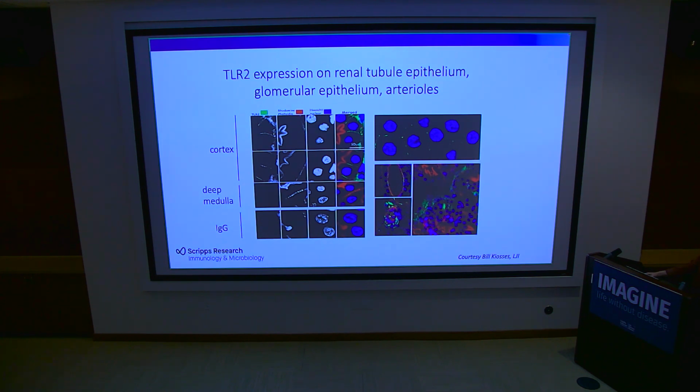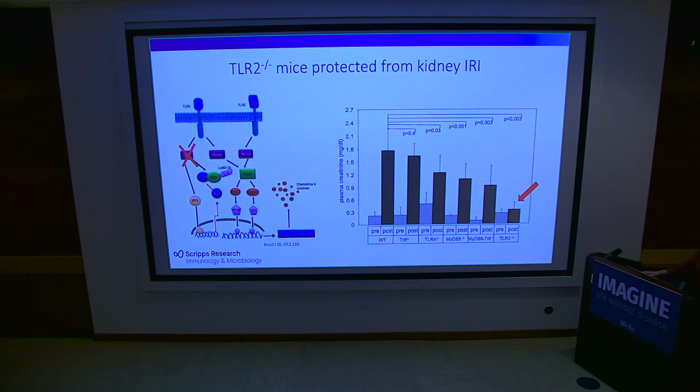glomerular podocytes. So we asked whether TLR2 knockout mice could be protected from ischemic injury. We blocked TRIF, we blocked MyD88, we blocked TRIF and MyD88, we blocked TLR4, and finally with blocking TLR2 we found really profound protection.